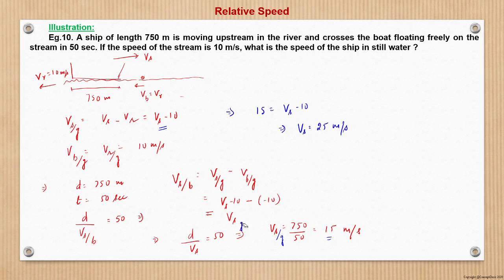So this also, which is nothing but 15 meter per second. 15 meter per second is the answer. Now this we saw in the frame of ground.